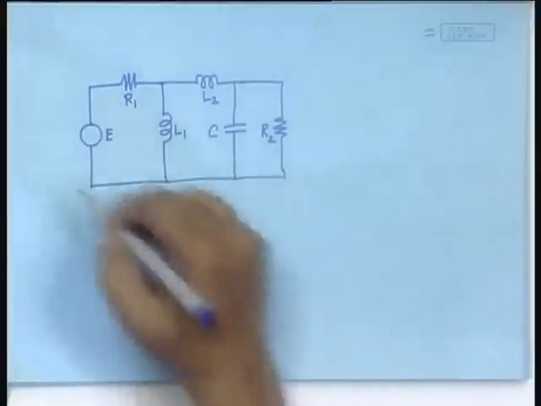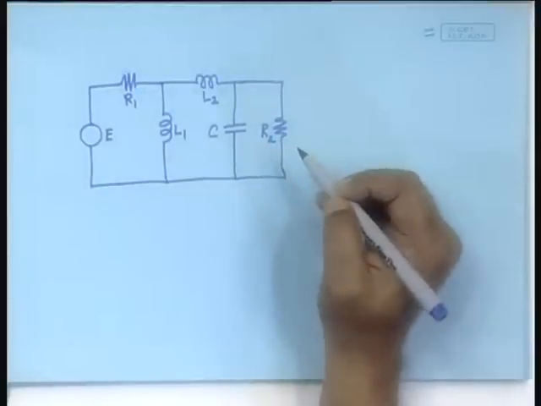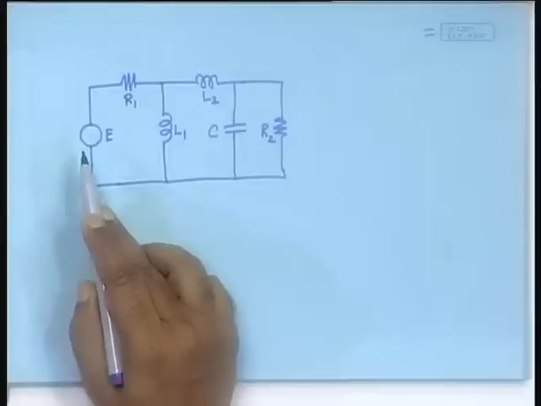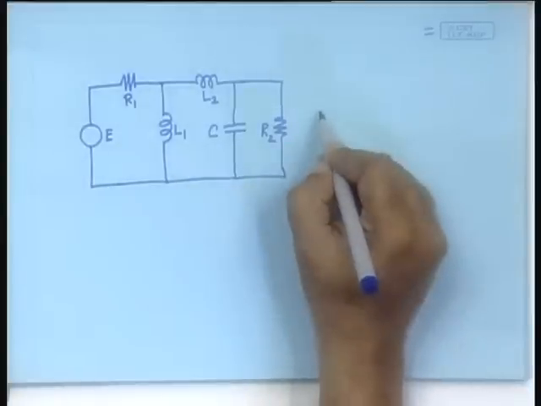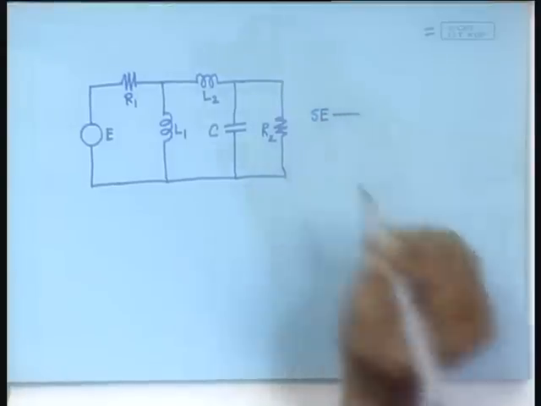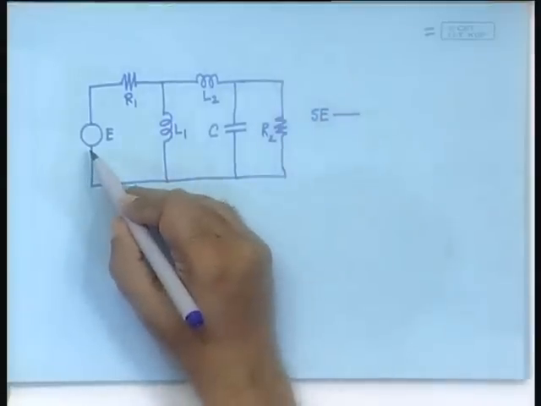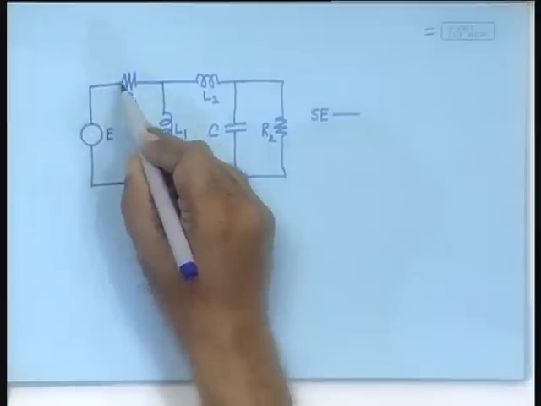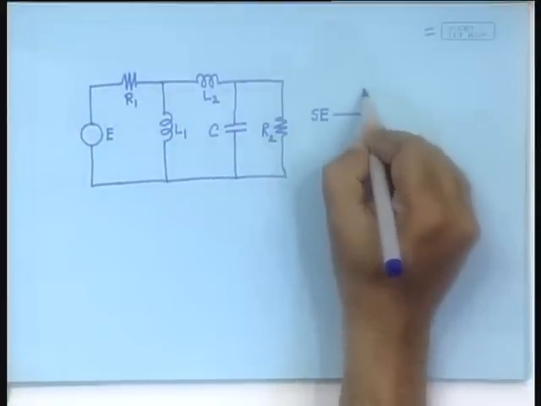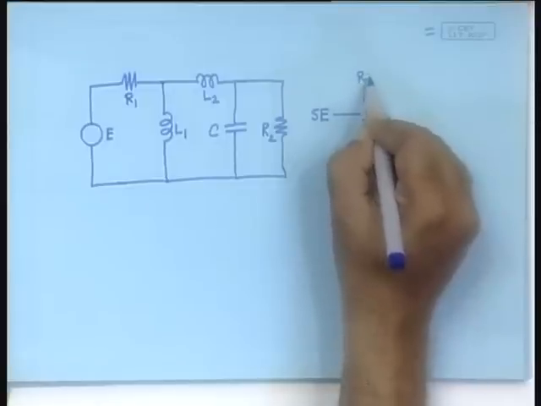So, when we begin to do the bond graph of this, we start from one of the ends, say the SE element. It shares the same flow with R1. So, it will be a one junction connected to an R, which is R1.